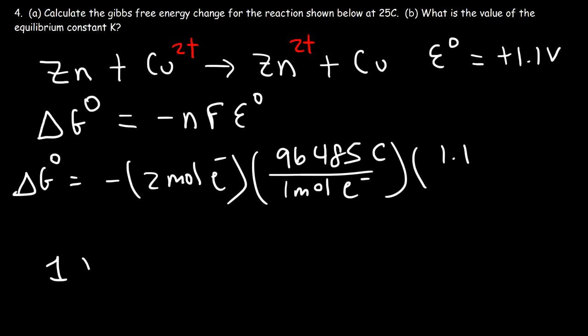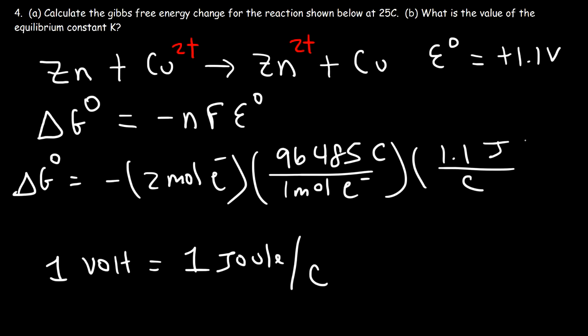And you need to know that 1 volt is equal to 1 joule per coulomb. Coulomb is the unit of charge. So we have 1.1 joule per coulomb. So we could cancel the unit coulombs and moles of electrons. So let's multiply these numbers to get the answer.